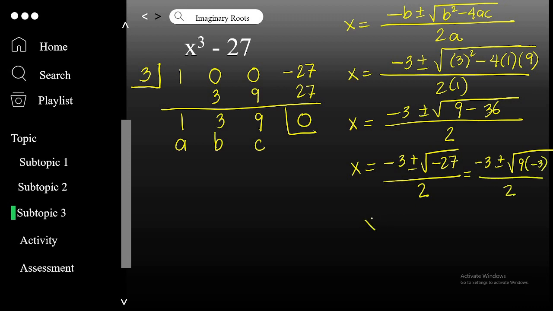Extracting, the square root of 9 gives us 3. Write 3 outside. The square root of 3, because the negative sign will be written as i, all over 2. Since I cannot divide 3 and 3 by 2, this is already the final answer for the quadratic.